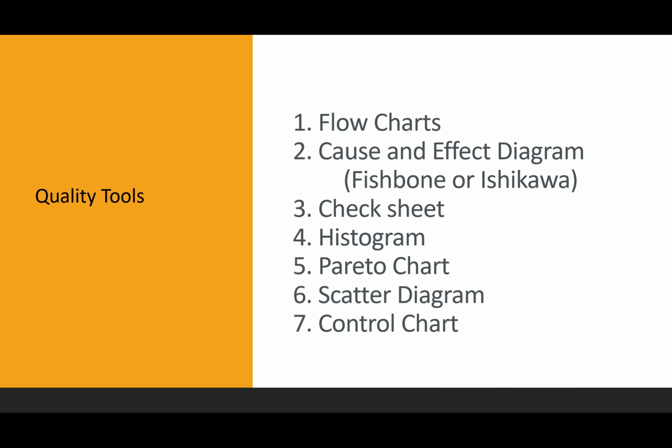So these are the 7 tools that fall under the quality control tools, or we call them the 7 basic quality tools also. Now we will move and see one by one about all of these tools: what is this tool, what are the usage, and how these tools look like. That is what we are going to cover now.